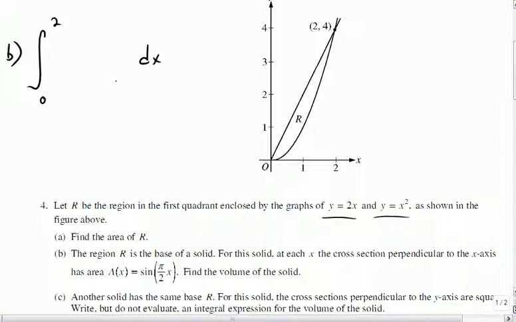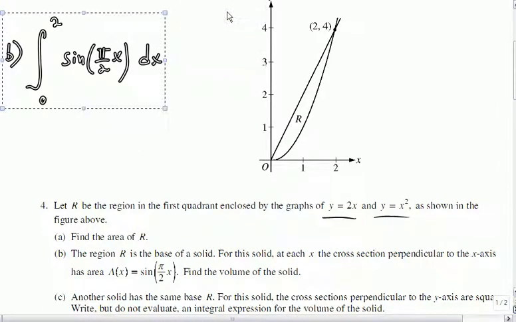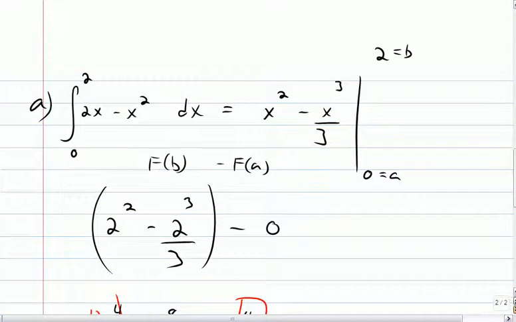What do I plug in? What's my integrand? So we set it up but haven't evaluated it. So now we'll go down. There's the work for A. Okay.